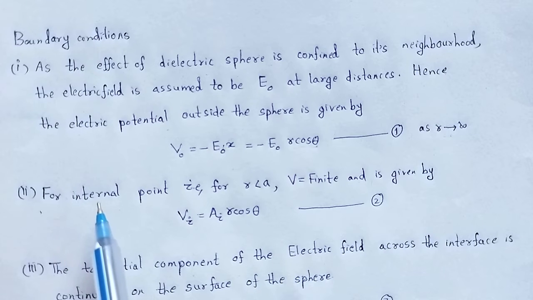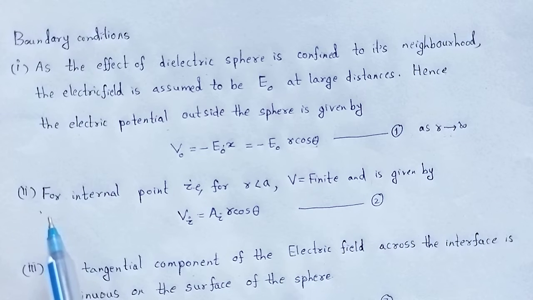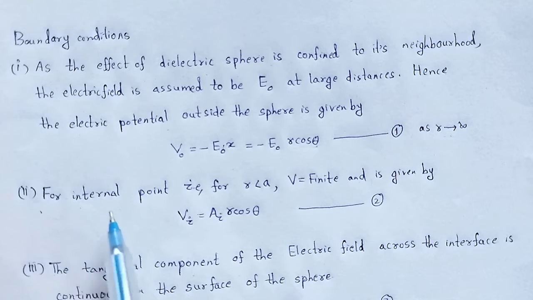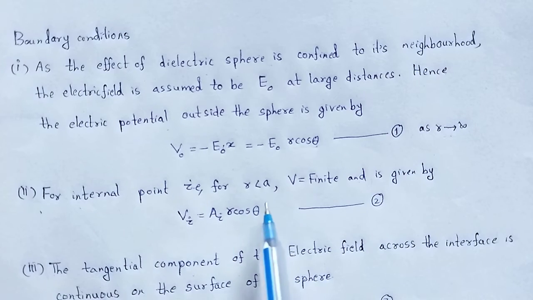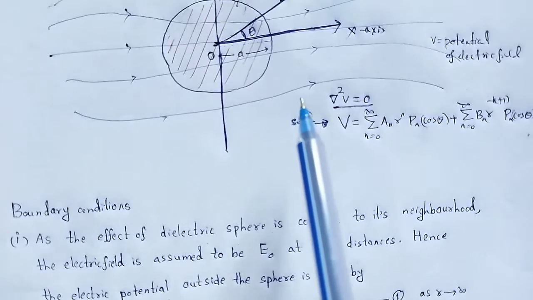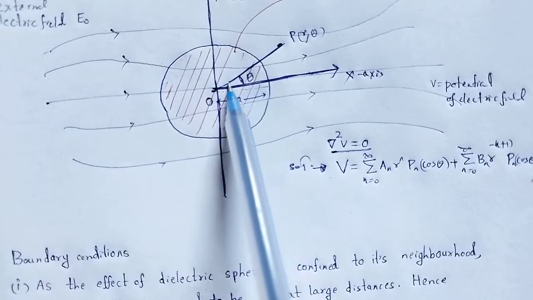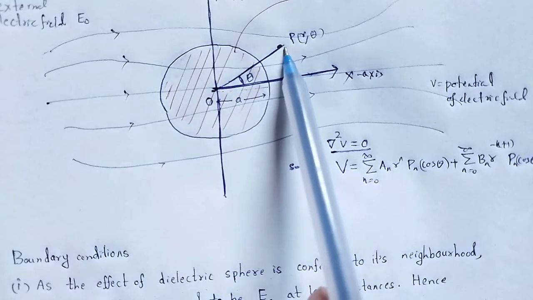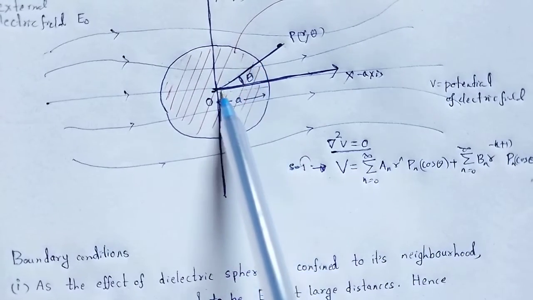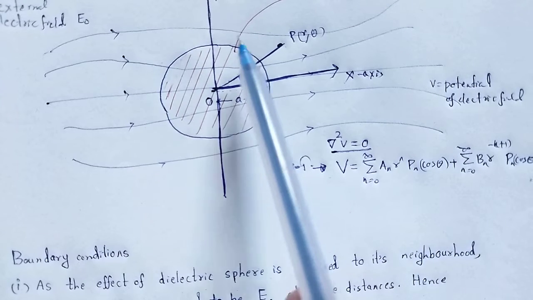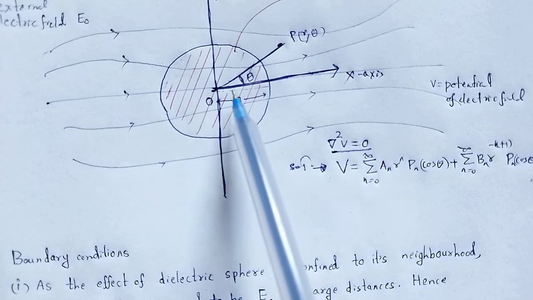Again, another boundary condition for internal point, in the sense r is less than a, where r is the distance and a is the radius of the dielectric sphere.